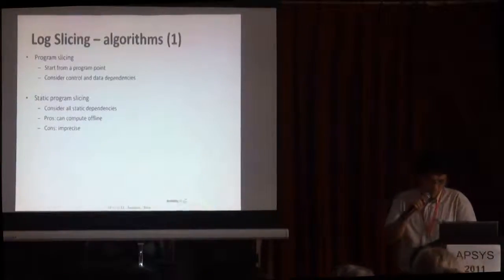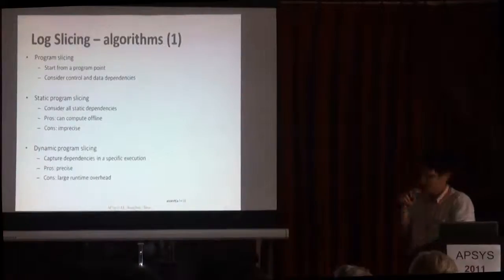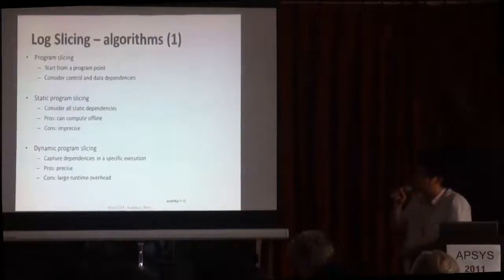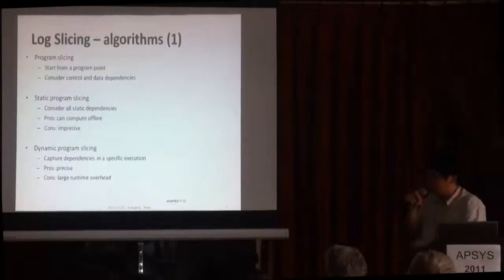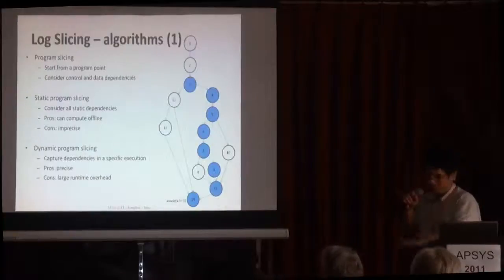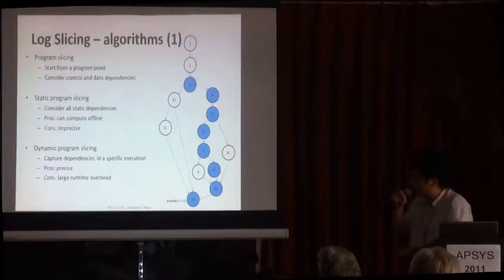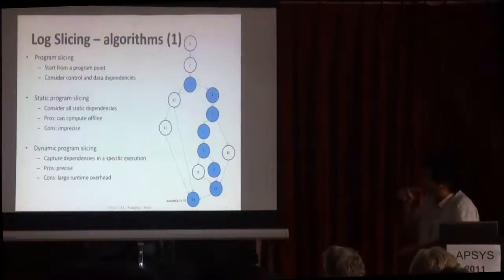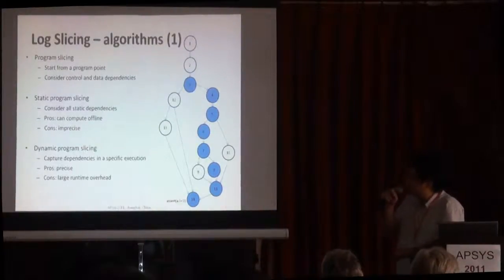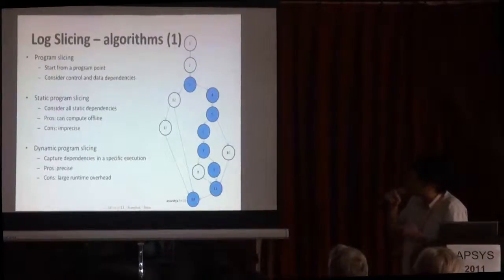In contrast, dynamic slicing is a variant of the original program slicing. It only captures the actual dependencies that occur in a specific execution. So if we use an input to drive the program, then with the same starting point, we get a slice which is much more precise than a static program slice.